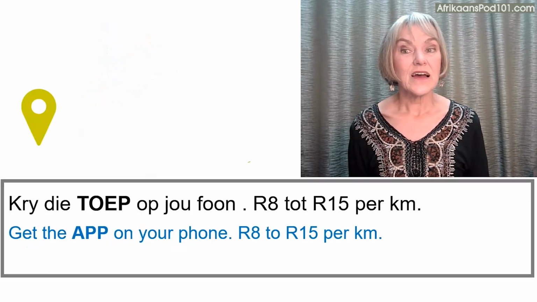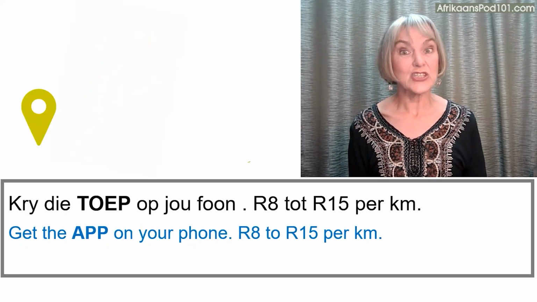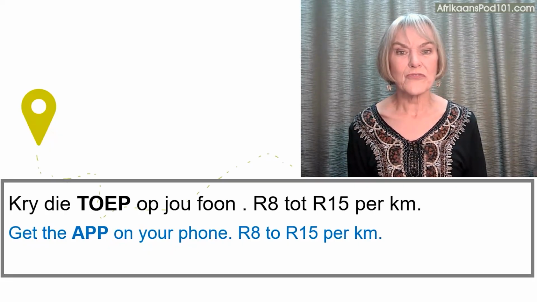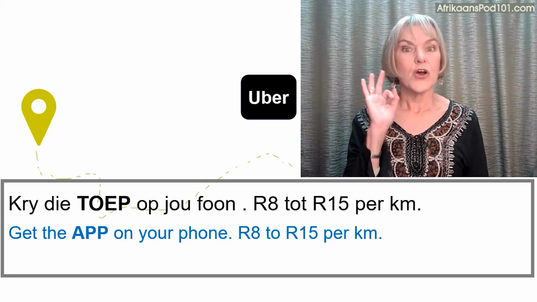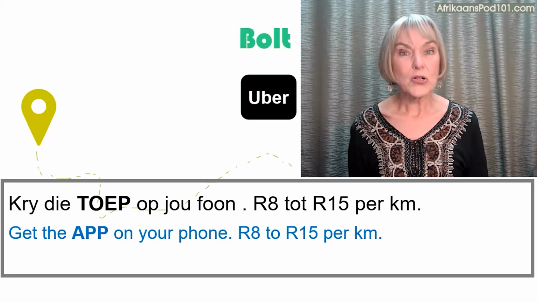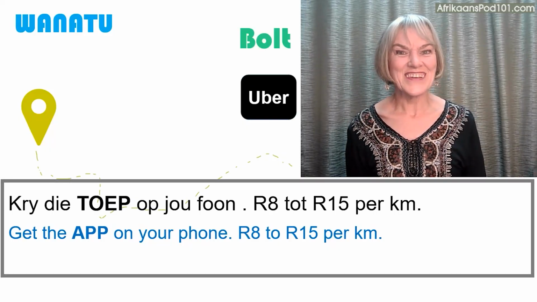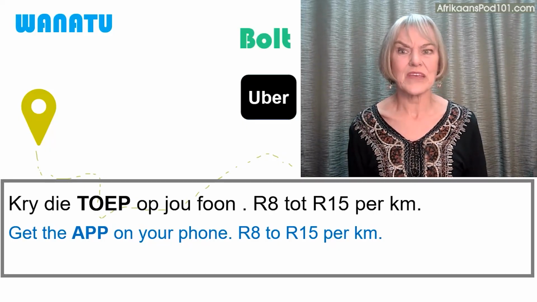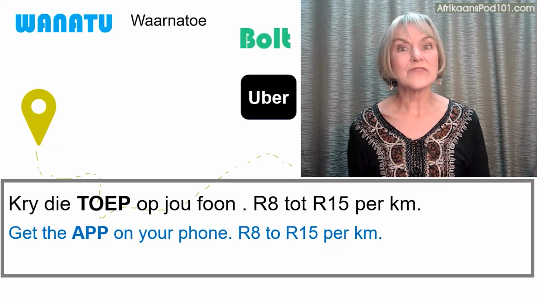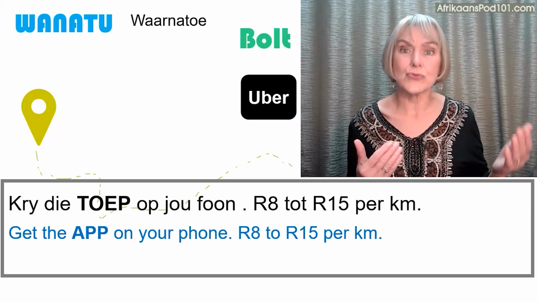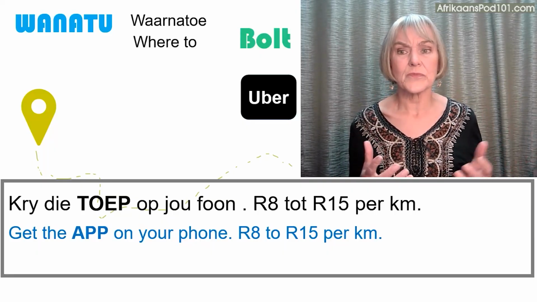You can get an app on your phone, 'n toep. Kry die toep op jou foon. You've got 3 choices. Uber, Bolt, of Vanatu. Now, Vanatu is a new taxi type of thing. And it means waar na toe, where to. That's what it means, where to.